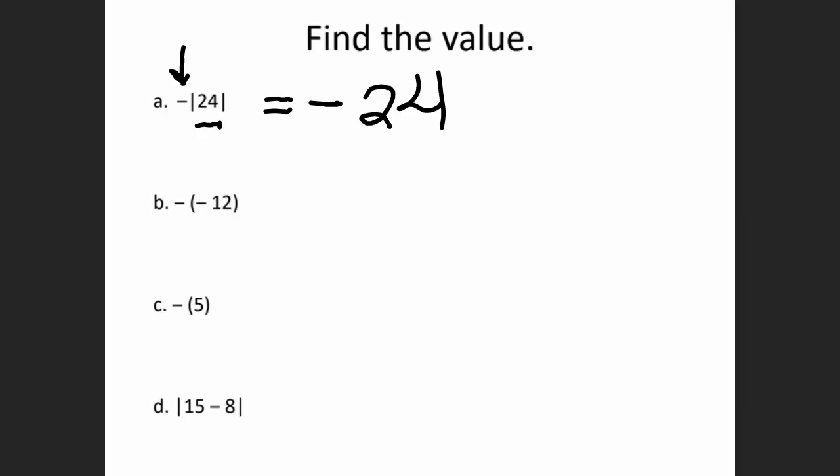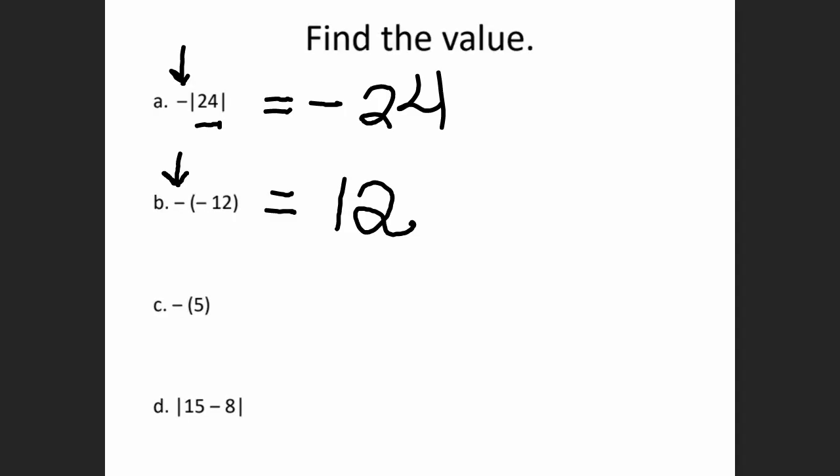Now, if I look at B, it's different than A because I have parentheses. This symbol is saying take the opposite of a negative 12. Well, this will give me a positive 12. The opposite of a negative 12. Now notice A had bars, B has parentheses.